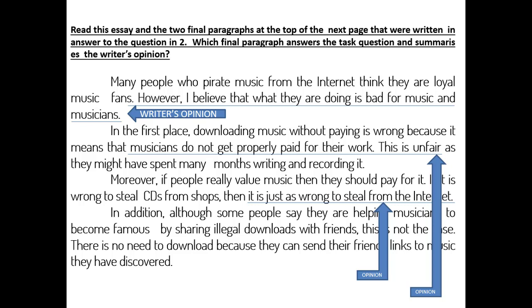For the fourth paragraph, the opinion from the writer would be, "There is no need to download because they can send their friends links to music." So now you have underlined everything needed. It's time to see which conclusion is closer to the opinion expressed in the essay.